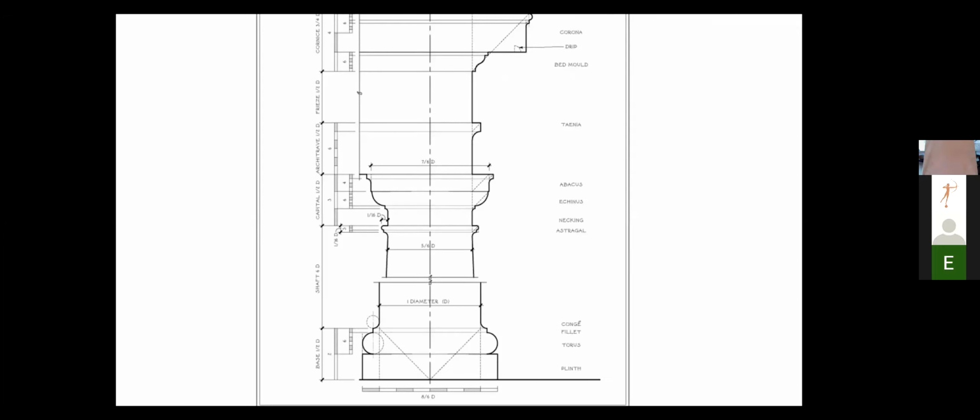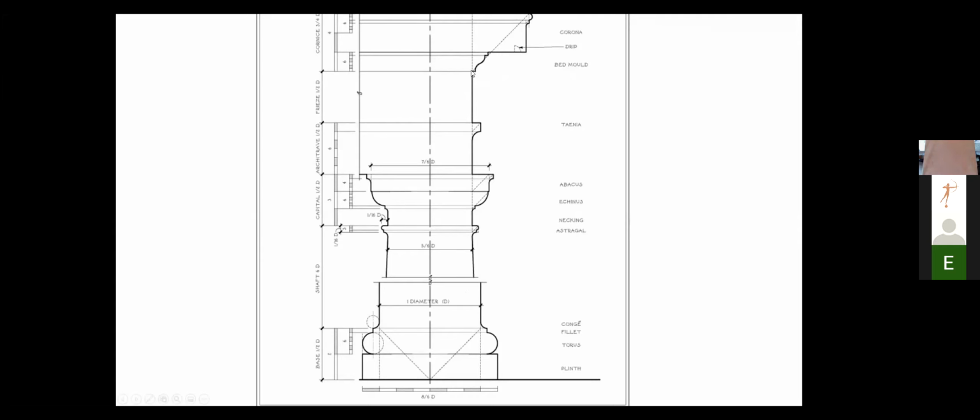There's one rule: as an active observer in architecture, you really need to understand that the column and the entablature, which is here, the frieze and the architrave, is always aligned with the neck of the column. In other words, if you see a lot of modern classical buildings, they're not really understanding the relationship of the edge of the frieze and architrave relative to the neck of the column.